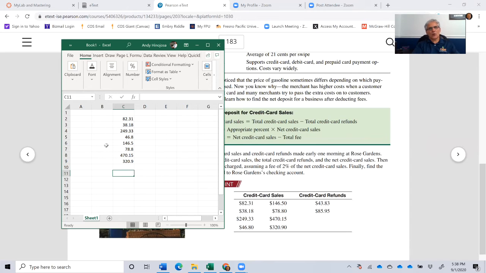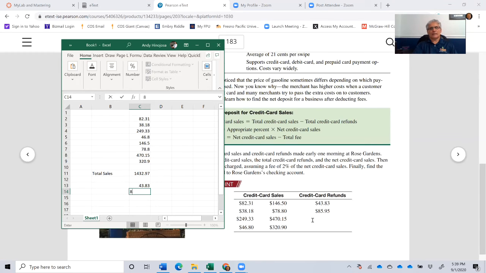Okay, so those are all the credit card sales. We're going to sum up, and according to my calculations, we have total sales of $1,432.97.